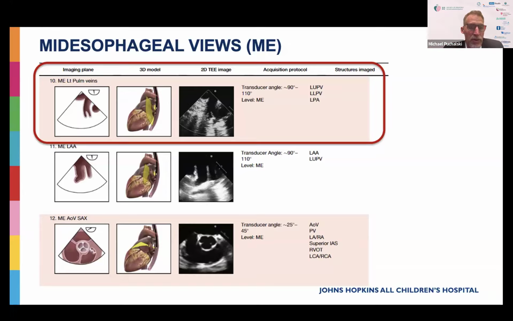And then the standard view there with the left atrial appendage right below it at 11, and then rotating back towards 25 to 30 degrees or so to get the aortic valve en face. And this is a nice view with slight rotation left-right to pick up the left coronary artery and the right coronary artery.